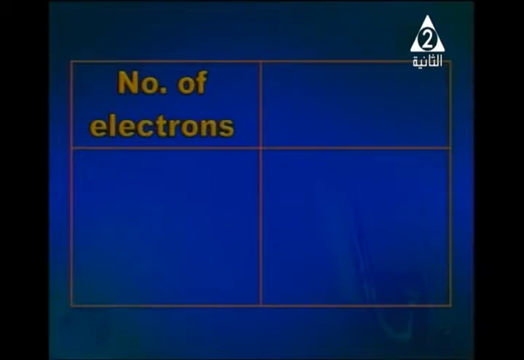Okay, now we'll do something very useful. We want to know the number of electrons altogether that carry a charge of 1 coulomb. Okay, so we've got a table. In the first column, we've got the number of electrons, and in the other, we've got the charge.